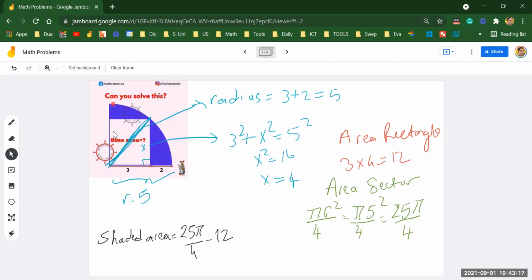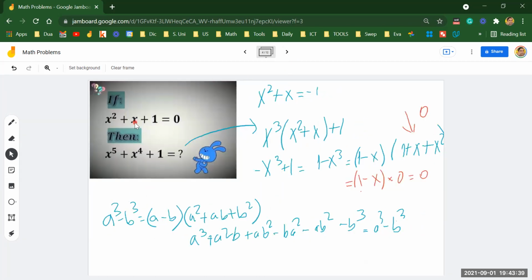The area of the sector is a quarter circle, so pi r squared divided by 4, 25 pi over 4. So the shaded part is sector minus rectangle, which is 25 pi over 4 minus 12.